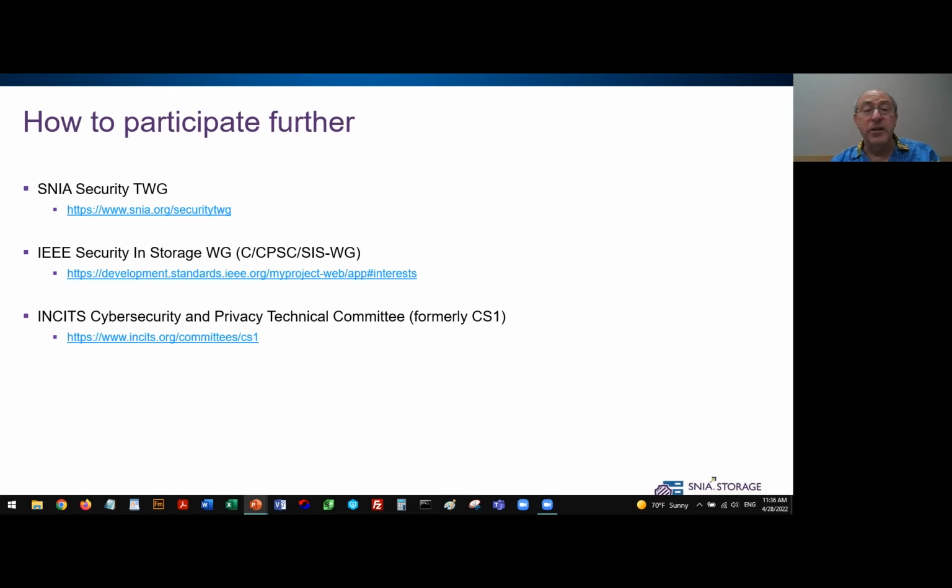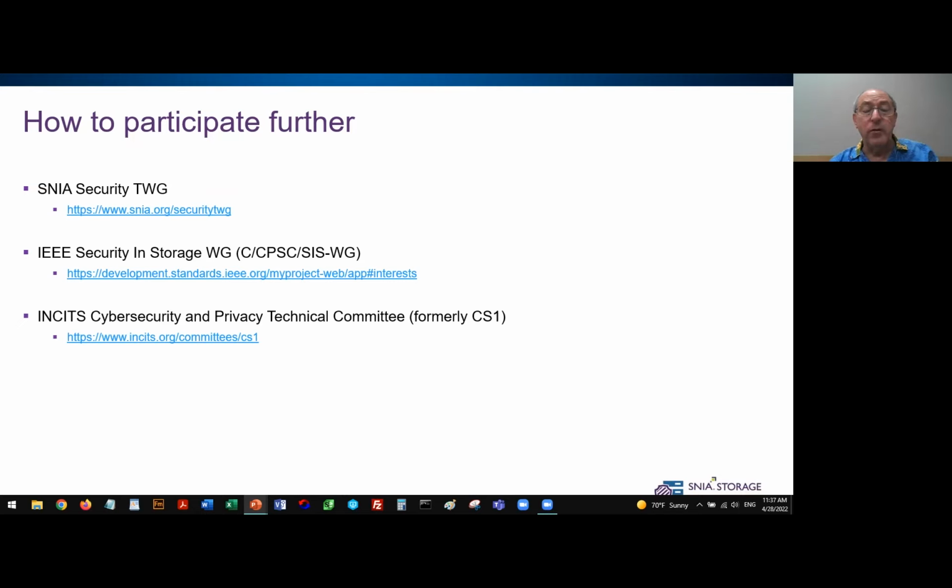So join the SNIA security TWIG or the IEEE security and storage work group. We call it SISWG. The INCITS Cybersecurity and Privacy Technical Committee, they are the US gateway to ISO standards.